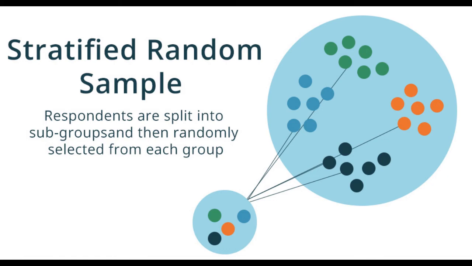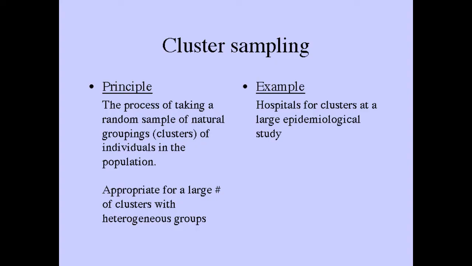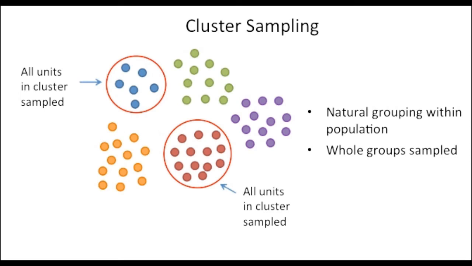sample of 100 people. On the other hand, cluster sampling also involves dividing the population into subgroups, but each subgroup should have similar characteristics to the whole sample. Instead of sampling individuals from each subgroup, you randomly select the entire subgroups.